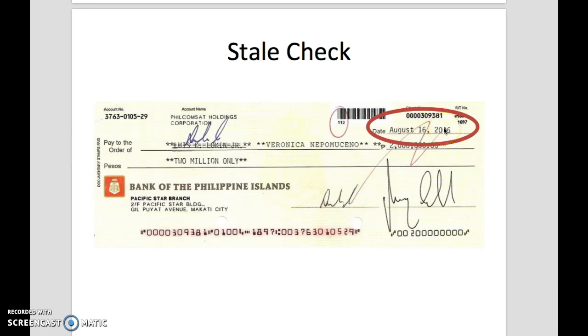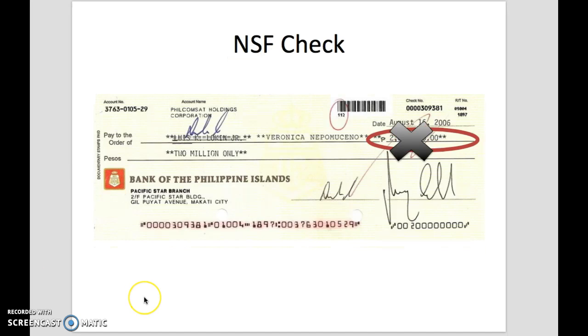So now it'll be November 19, 2017 with the same amount. Then I'll go to the bank and the bank will process it for me and I'll have my cash already. So that's what you do if ever you forget your check in the drawer and it has passed 6 months.